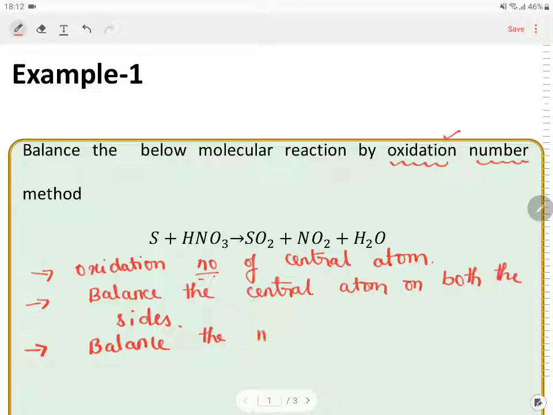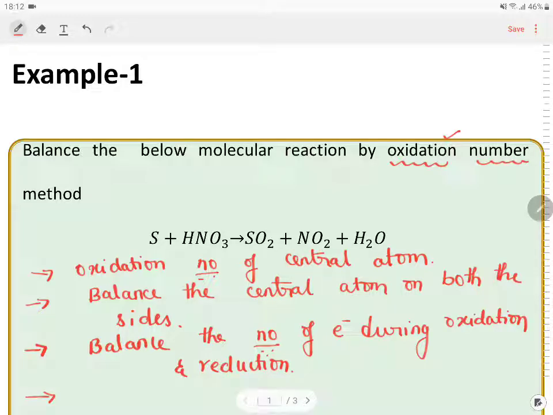Balance the number of electron during oxidation and reduction. Lastly, we need to balance the remaining atoms.